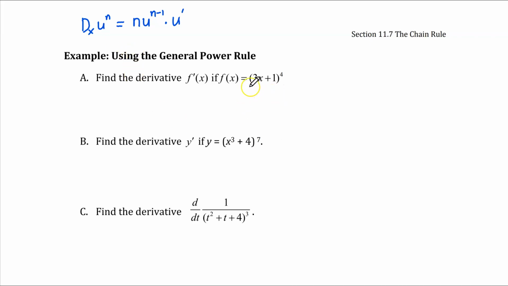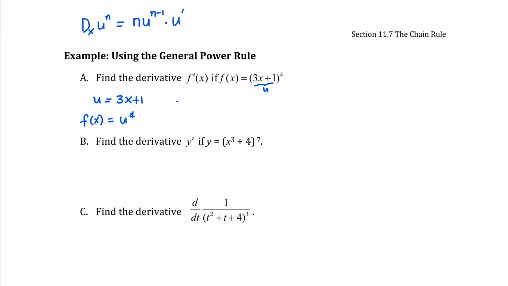Now let's apply that to f of x equal to (3x plus 1) raised to the 4. So to apply the general power rule, we would first think of our u. If you think of u as equal to 3x plus 1, then f of x will just be of the form u to the 4th.